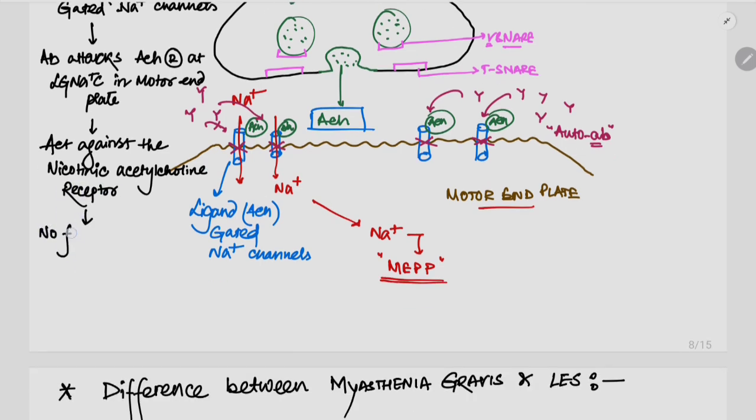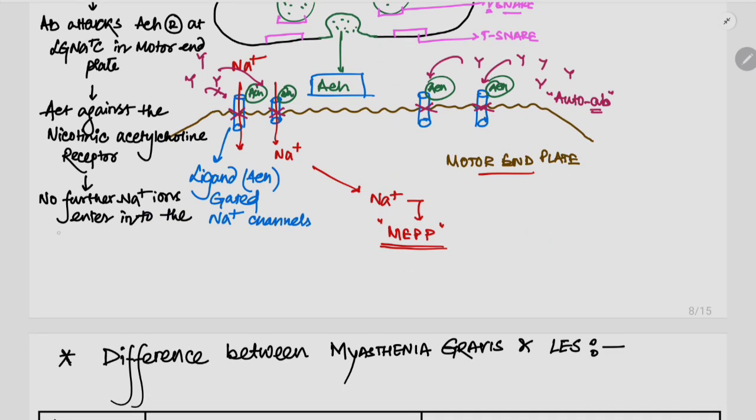No further sodium ions enter into the motor end plate.